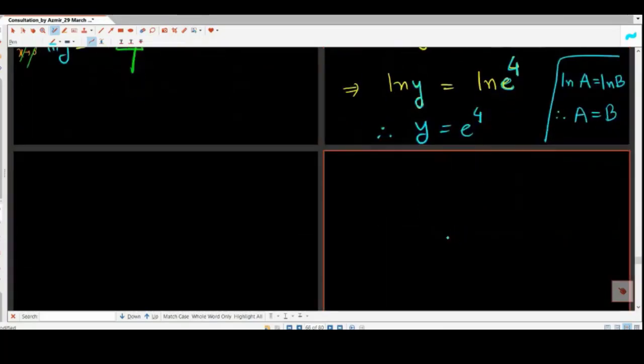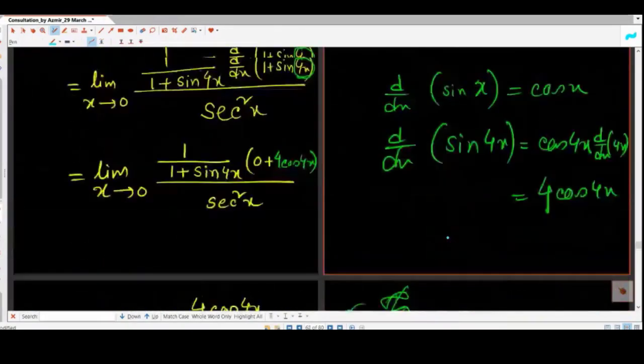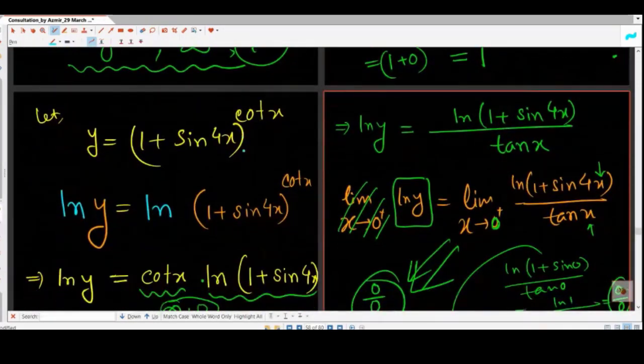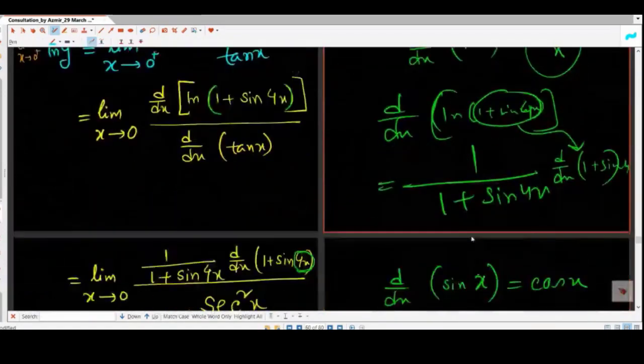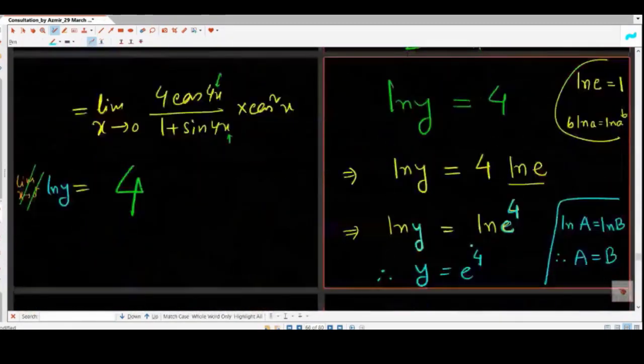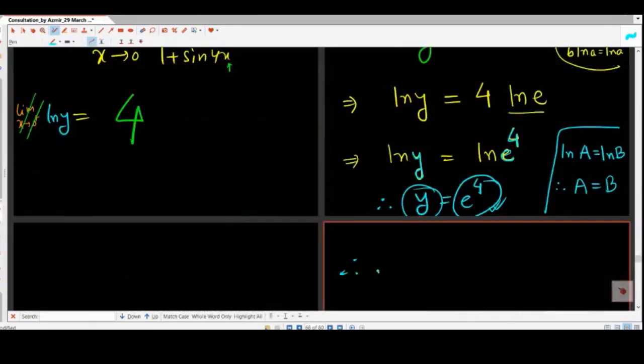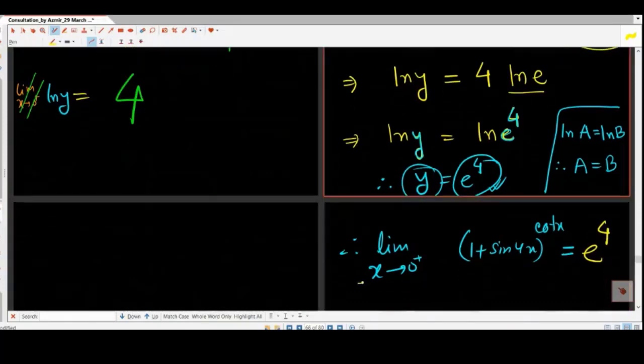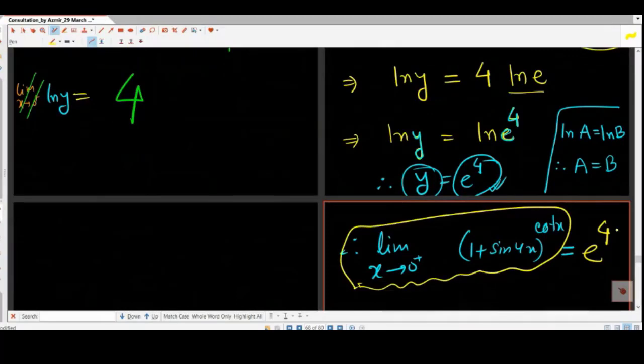So the function that we have previously, 1 plus sine 4x to the power cotangent of x, its limiting value is e to the 4. So this is our result. That is, limit x tends to 0 plus of the main function, 1 plus sine 4x to the power cotangent of x, is equal to e to the 4. So we can write the main part again if we want. But this is our final result.